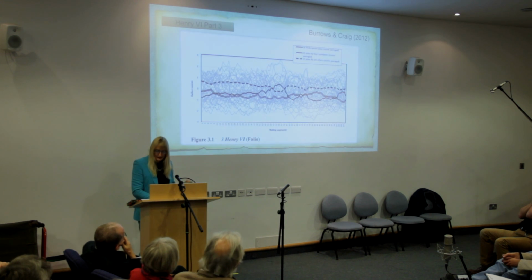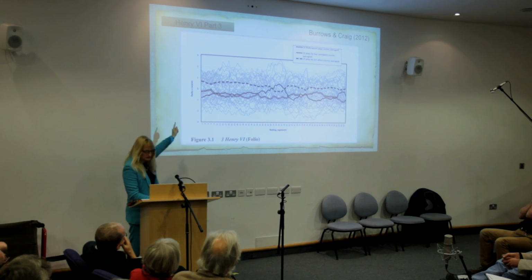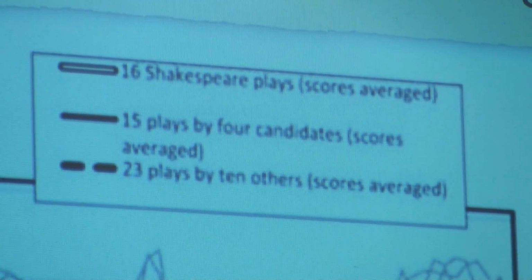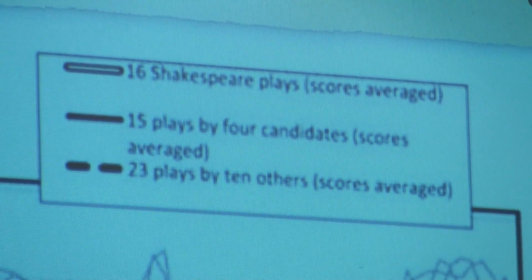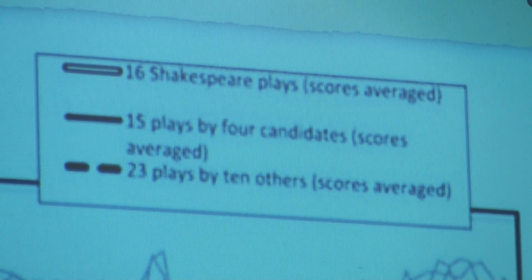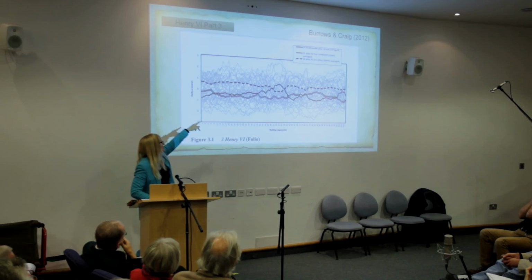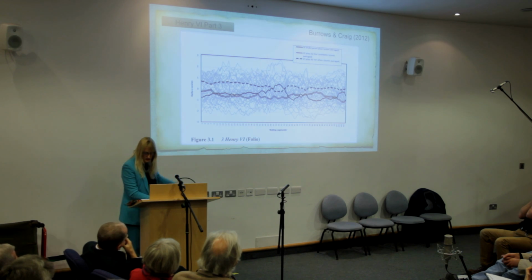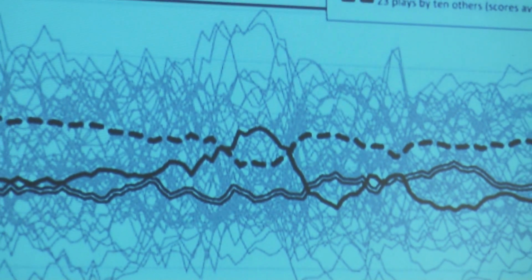And they also mapped the combined delta scores for 16 Shakespeare plays, which is the doubled up line at the bottom, 15 plays by the 4 candidates, which is the solid line that goes next to it and crosses it, and 23 plays by the rest of the writers, the dotted line. All the other grey lines are individual plays with delta scores, rolling segmentation.